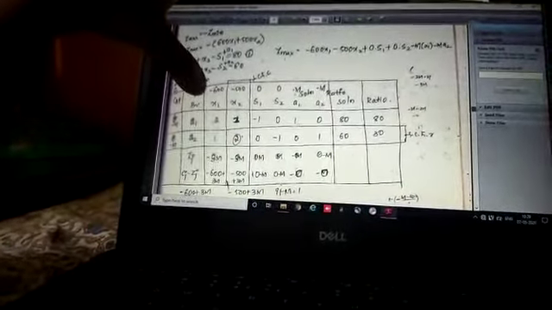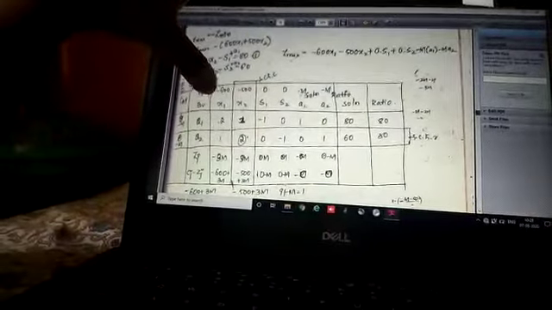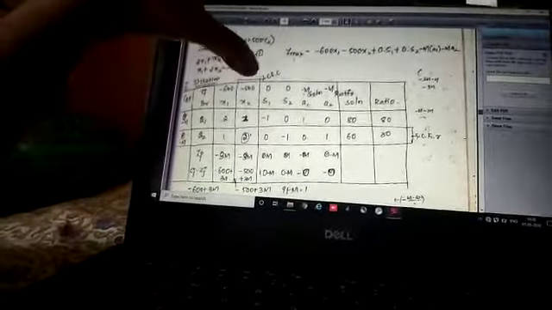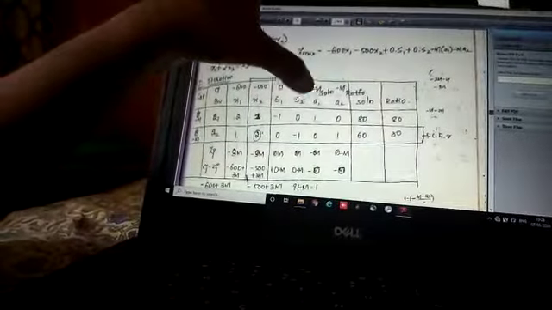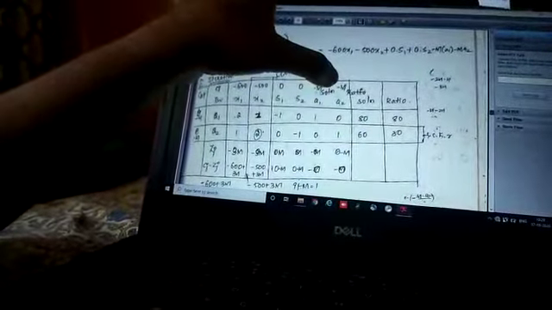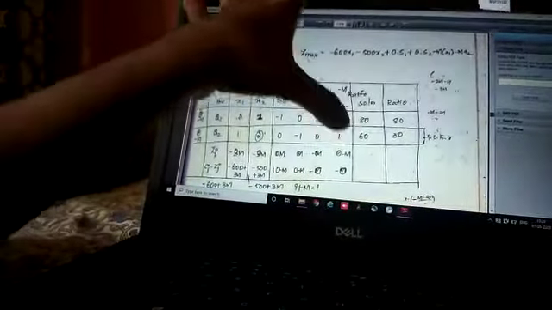Then the coefficient of x1 from the objective function is minus 600, x2 coefficient is minus 500, s1 coefficient is 0, s2 coefficient is 0, a1 coefficient is minus M, a2 coefficient is minus M. Solution, the right hand side of the constraints, 80 and 60.